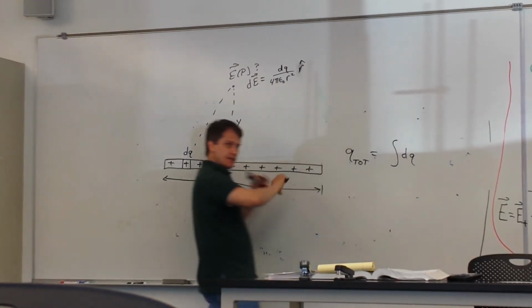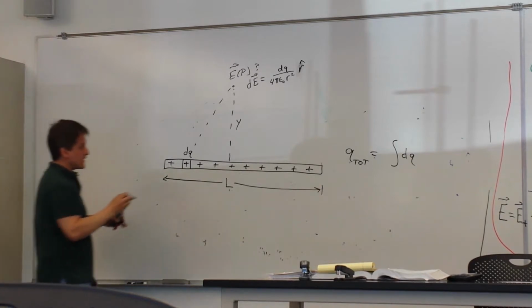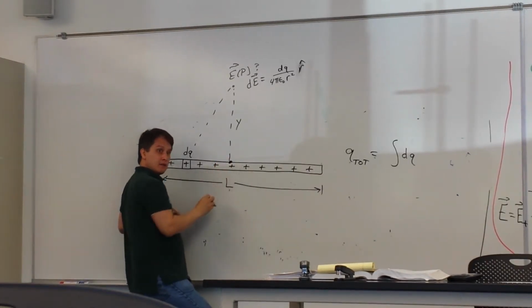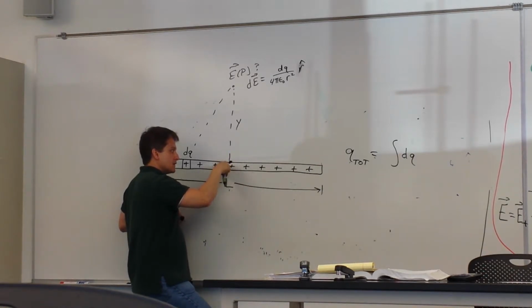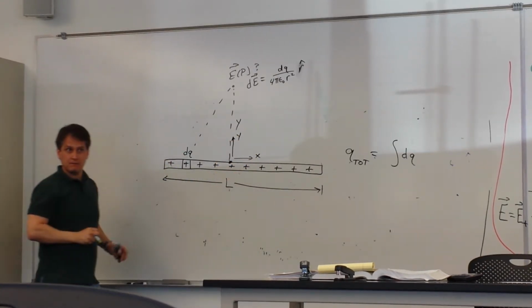And so the question is, given the nature of the system, is there a way to simplify this? Well, if I've got a nice perpendicular type of system, maybe the best approach is to call the center along this direction the origin, and define a coordinate system, maybe y and x, in this fashion.